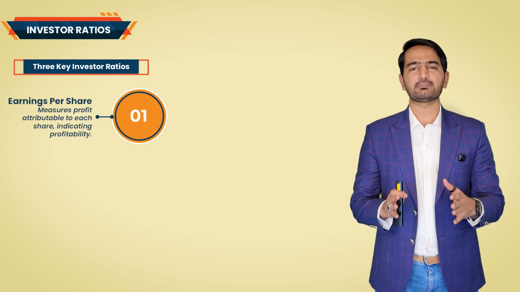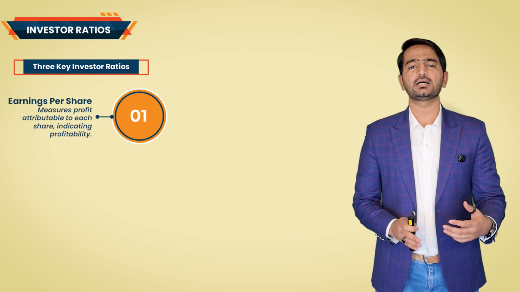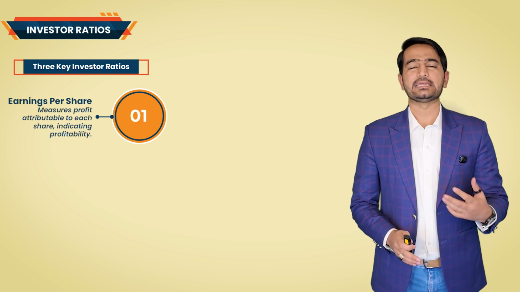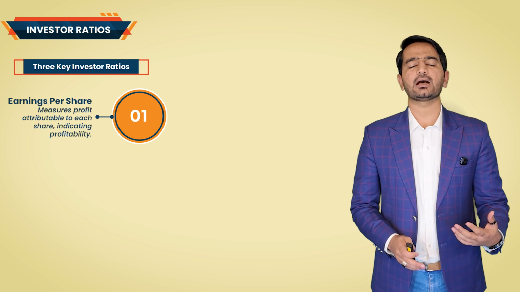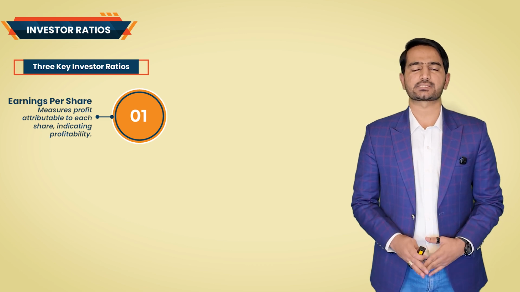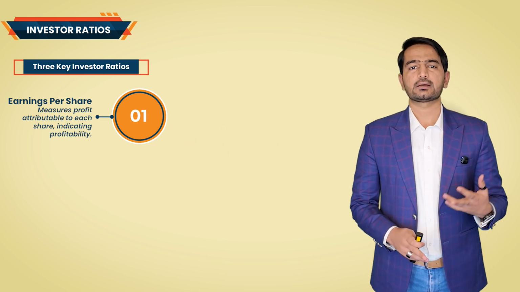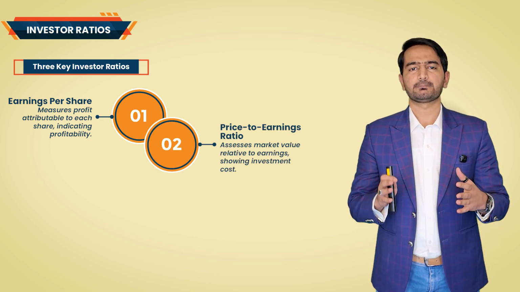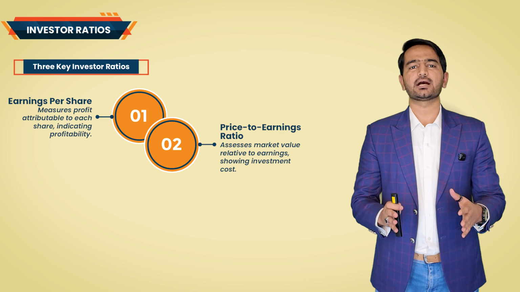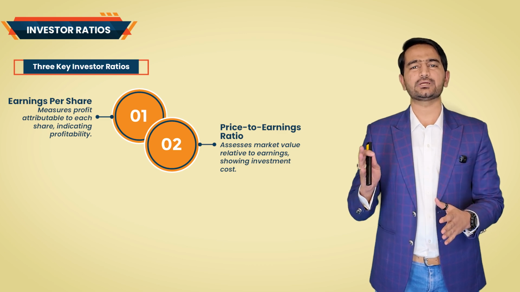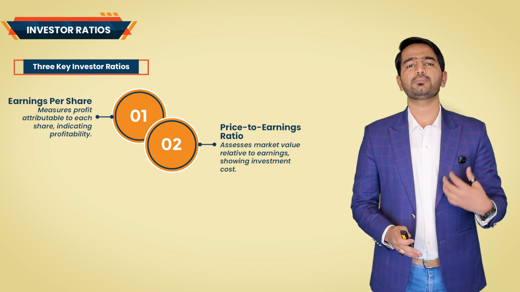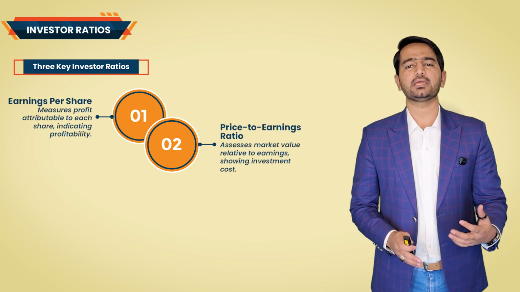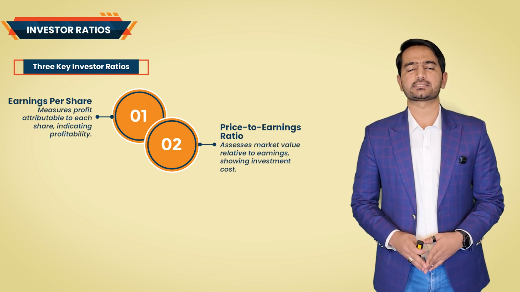EPS measures the amount of net income earned per share of stock, indicating the profitability of the company on a per share basis. Number two, price to earnings ratio, or in short PE ratio. PE ratio assesses the market value of a stock relative to its earnings, showing how much investors are willing to pay per dollar of earnings.